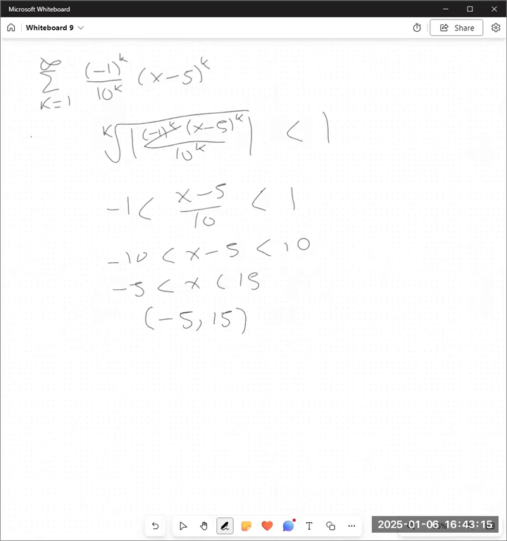The radius of convergence here is going to be 10.